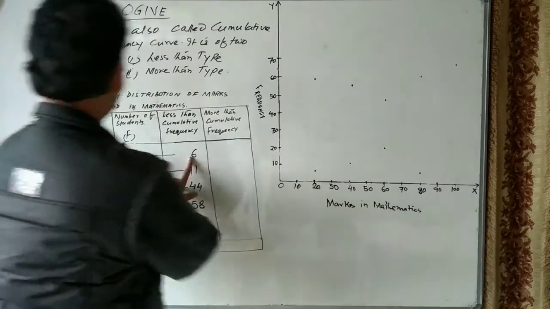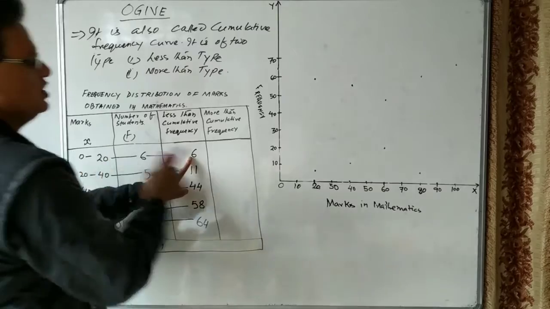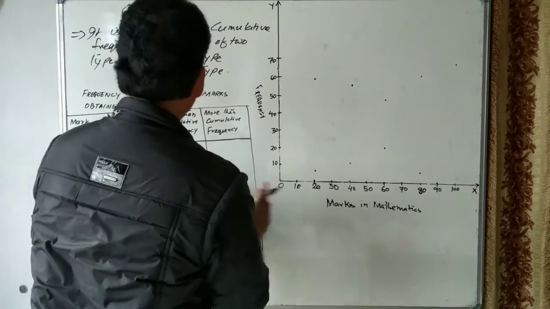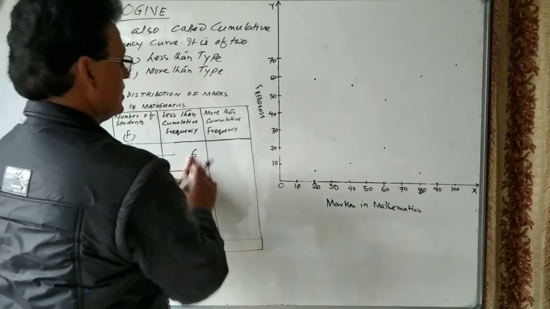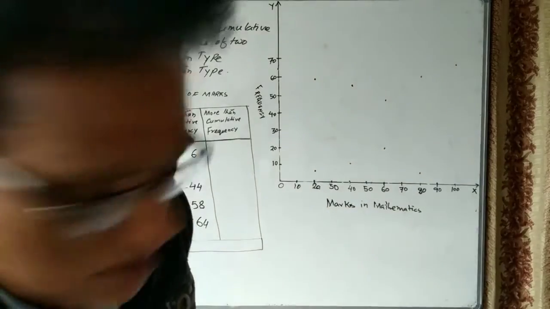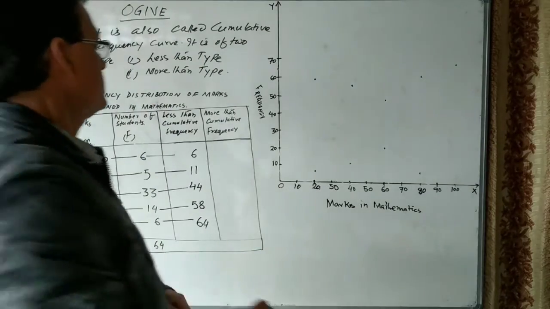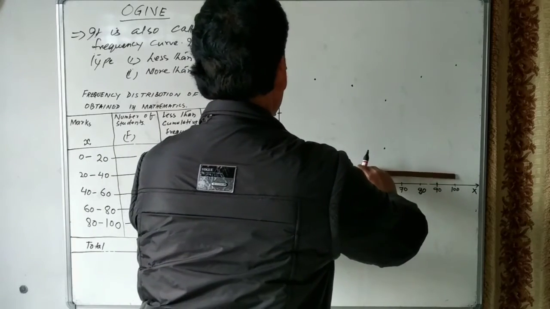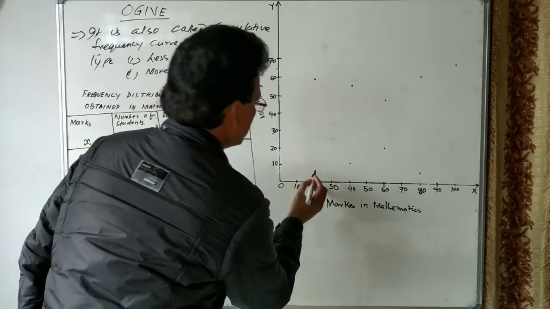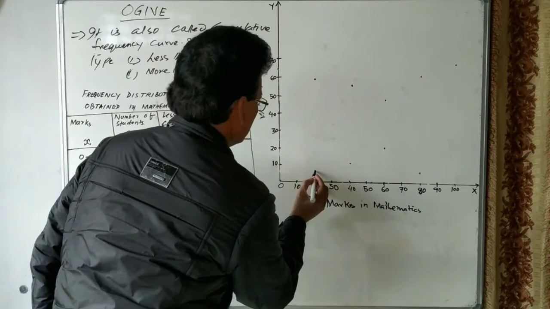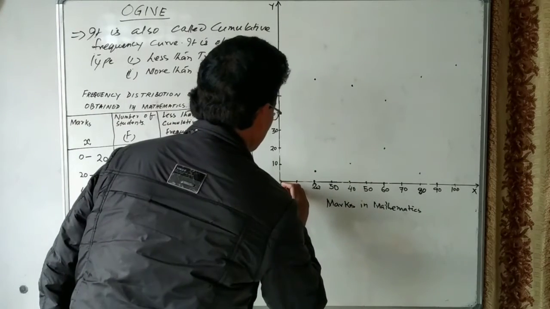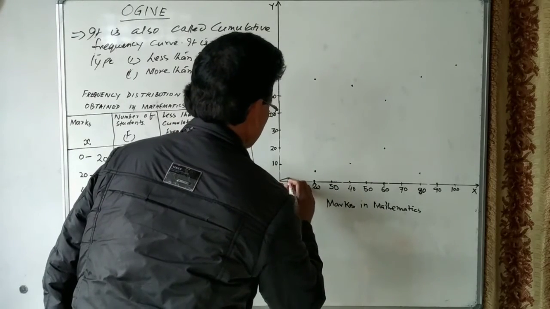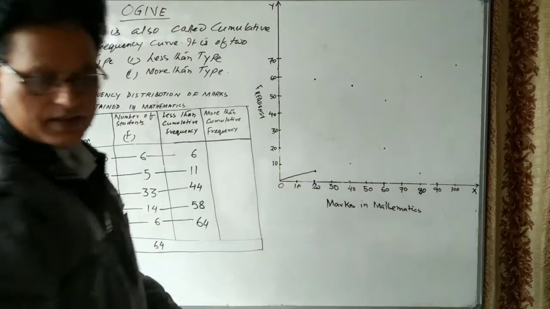So the upper limit is 20, we'll take the 20 and then the 6. Here we'll take the 20, here we'll take the 6, so we'll get one coordinate over here.